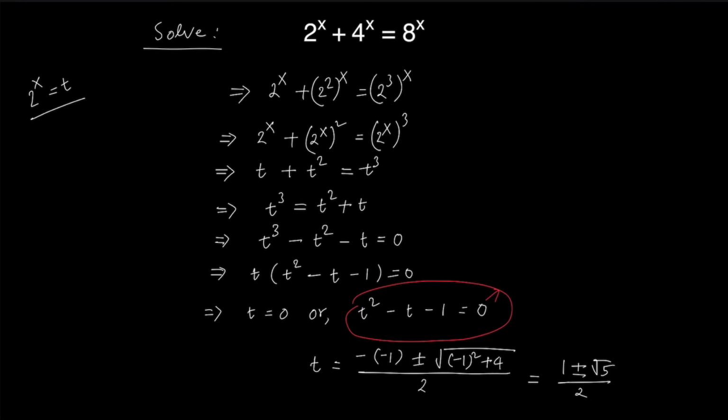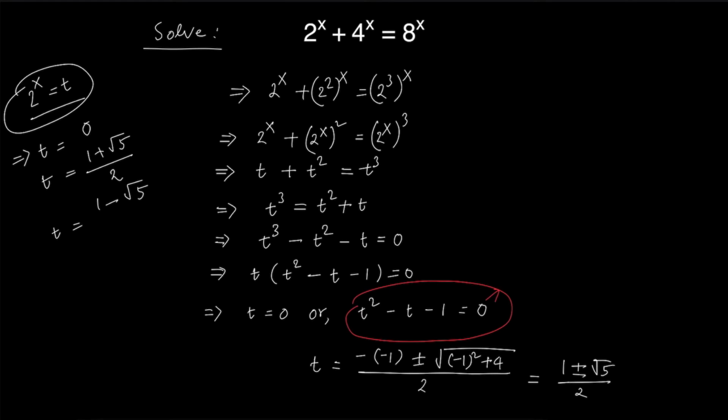Now, so if 2 to the power x is t, then we get either t is equal to 0 or t is equal to 1 plus root 5 by 2, or t is equal to 1 minus root 5 by 2.